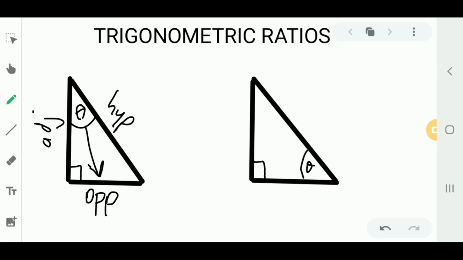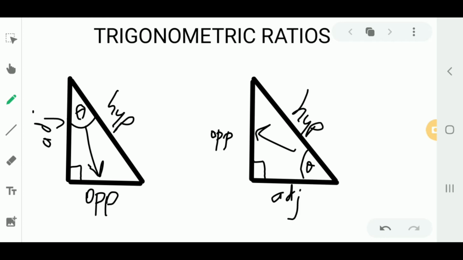Now if you go to the triangle on the right, again, the side that is opposite to the right angle, or the longest side, is the hypotenuse. The side that is opposite to the angle is the opposite, and the other side is the adjacent. So the hypotenuse is always known, however, the adjacent or the opposite depends on where the angle is.